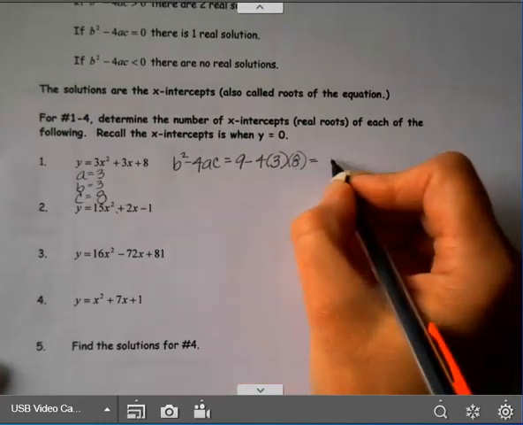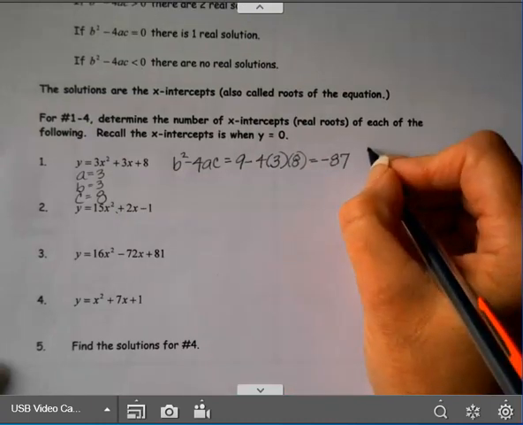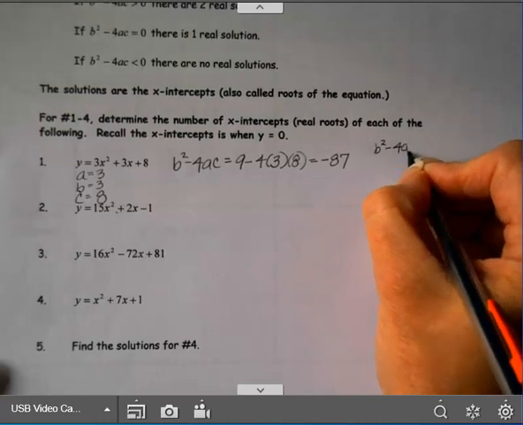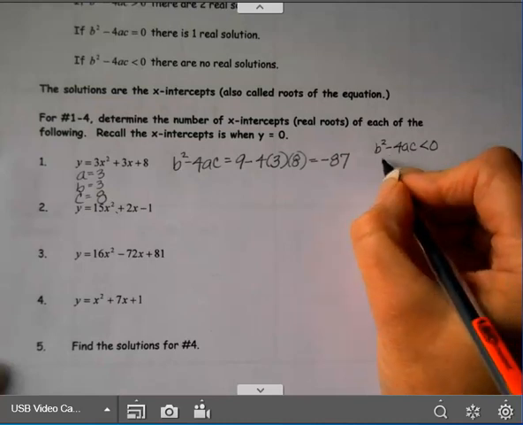And you can type that in on your calculator. That gives you negative 87. So that means that b squared minus 4ac is less than 0. So your discriminant is negative.